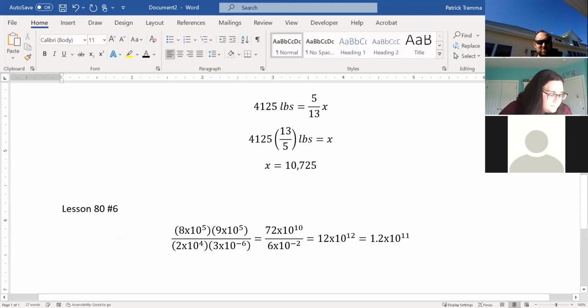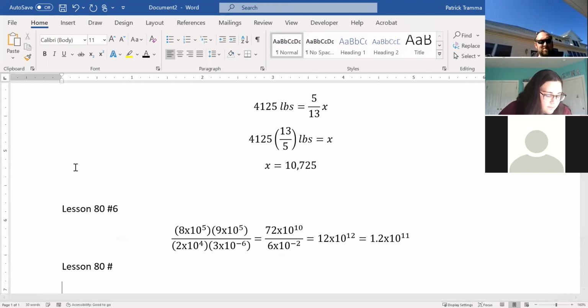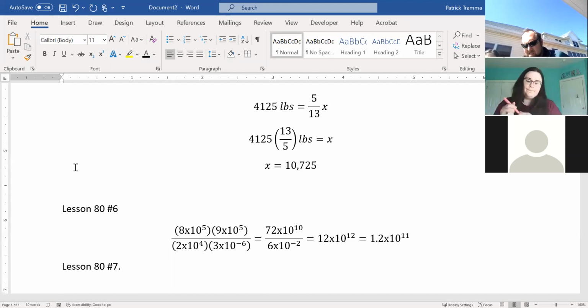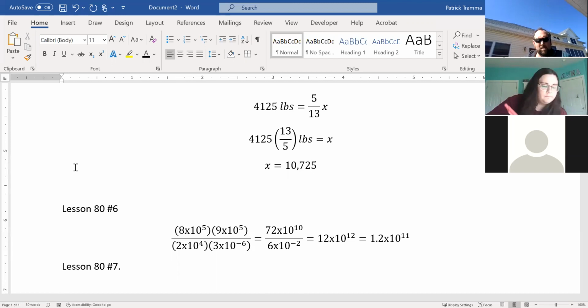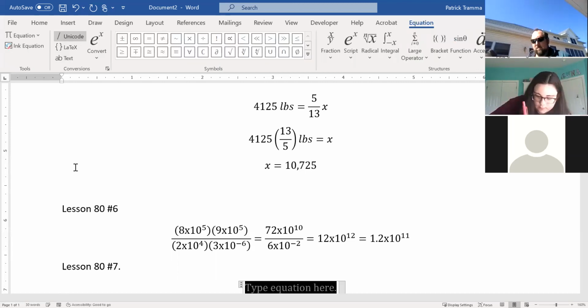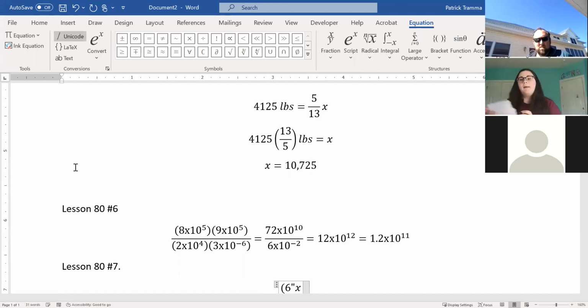It's 0.0006 times 10 to the negative 31st. Oops, I ran out of room.